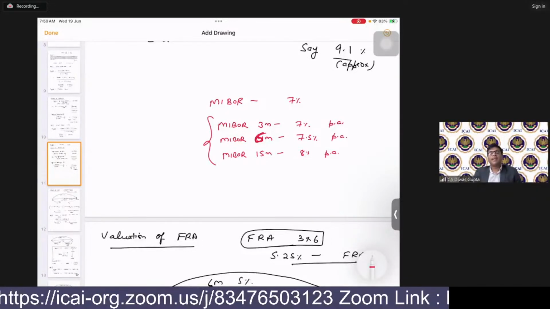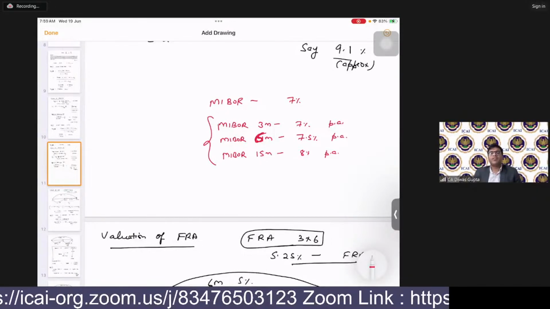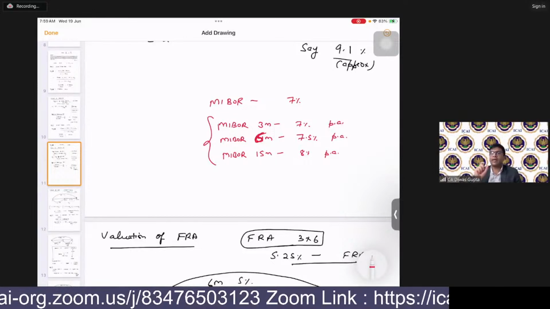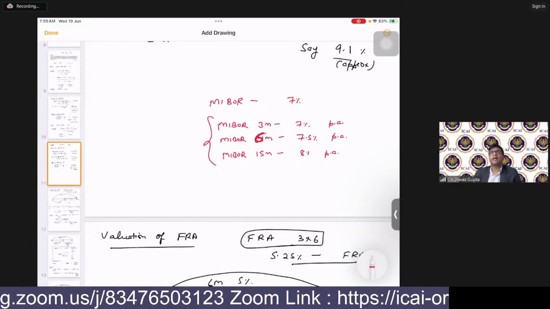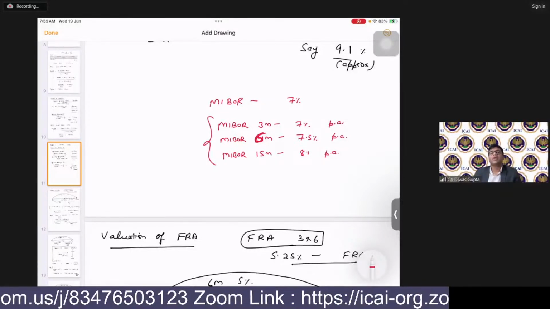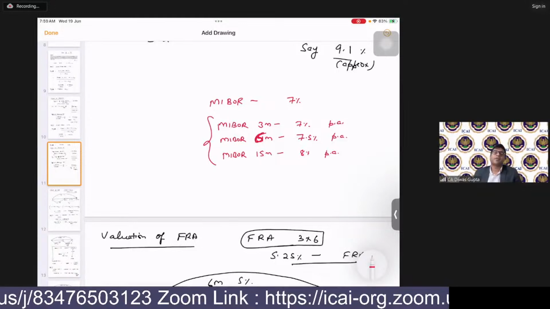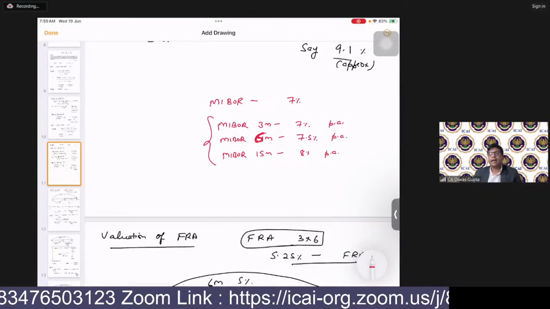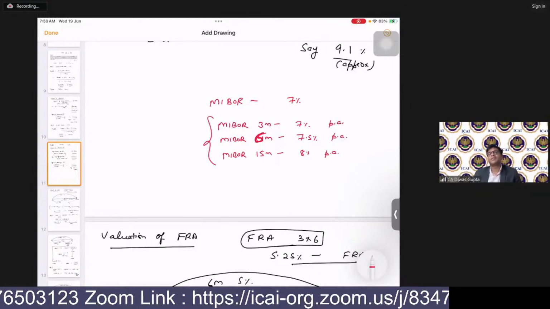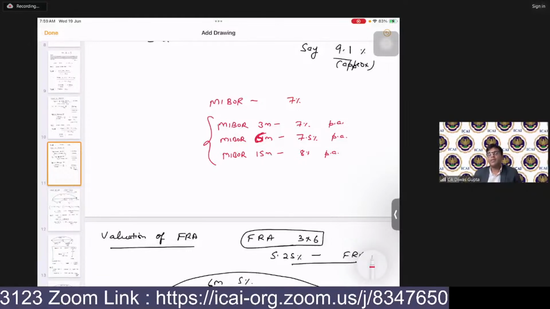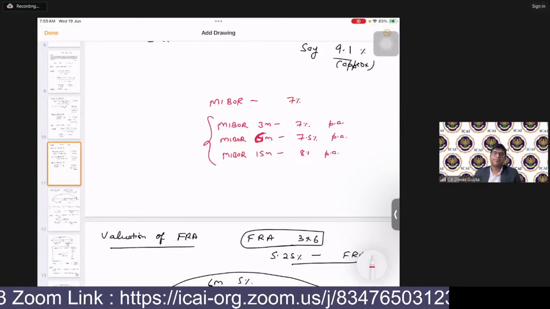The moment you book an FD with any bank, if you say that I am booking an FD for 1 year, you will get a better rate of interest, vis-a-vis if you say that I am putting up an FD only for 3 months, you will get a lower rate of interest.